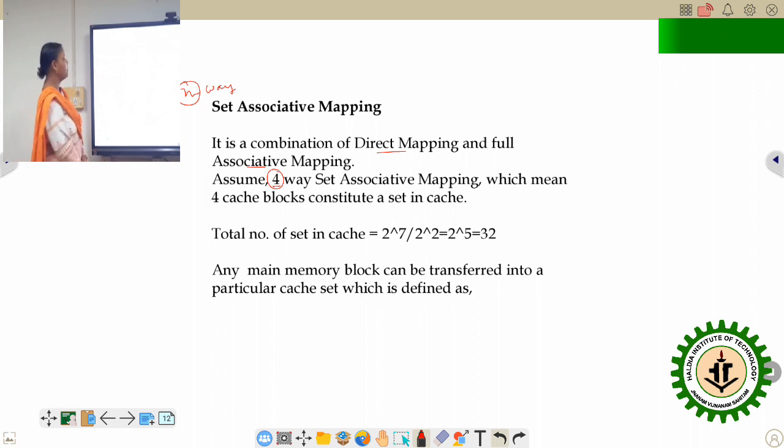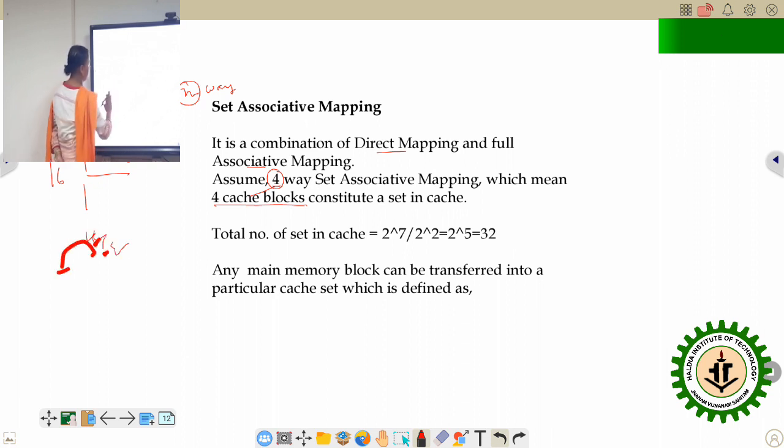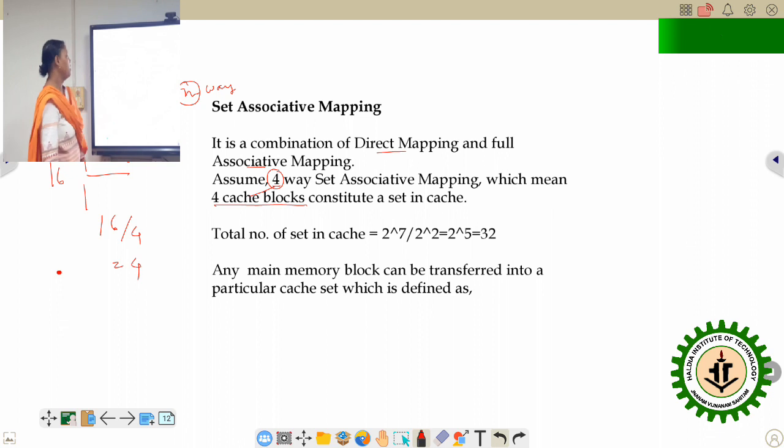What does this mean? This 4 means that 4 cache blocks constitute a set. Suppose the cache has 16 blocks. Among these 16, each group of 4 forms a set. So the number of sets is 16 divided by 4, that is 4 sets.